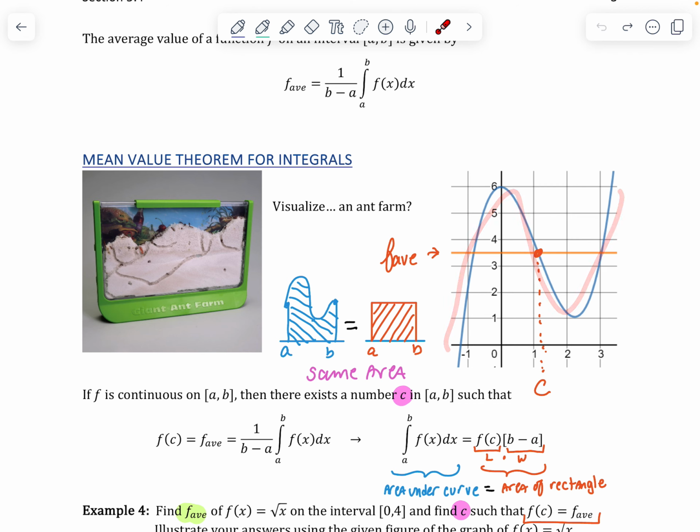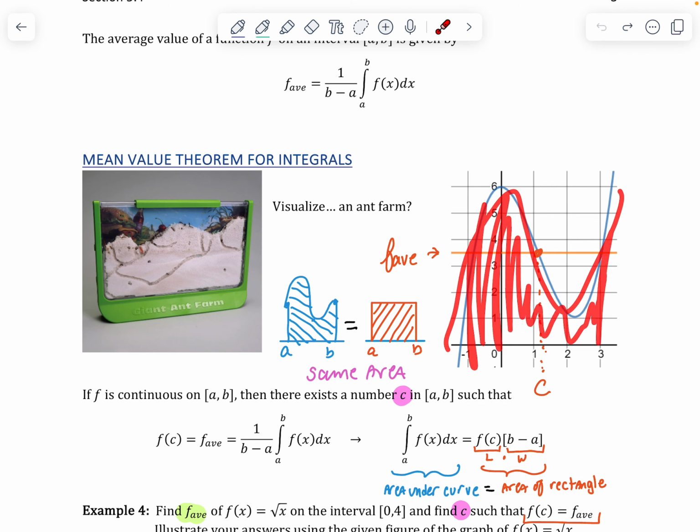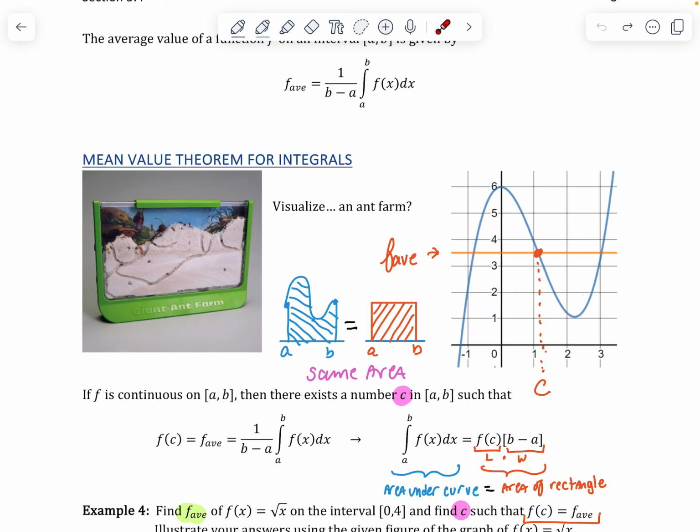So for example, I've got this curve over here, and we could shade everything below the curve between some a and b values, or there's going to be some number c in the middle, not dead center, but somewhere between a and b. I haven't really defined those, where if we had this constant height, we could then turn this into a rectangle where we could find that area. And the height of the rectangle is the output of the average function for that value c.